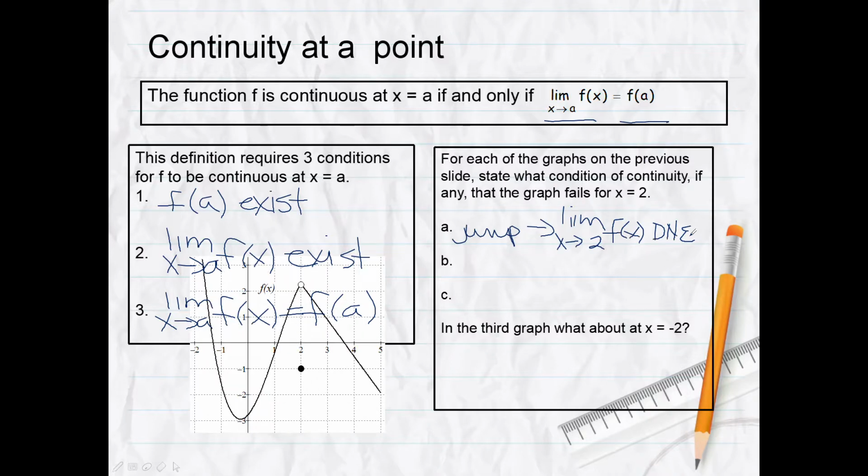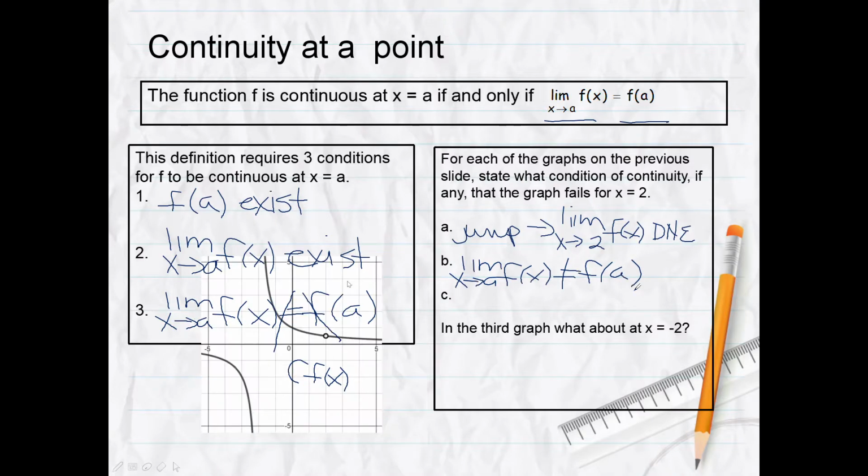For the second one, the limit exists, but I have this hole. I have the function value down here. So the limit doesn't equal the function value.